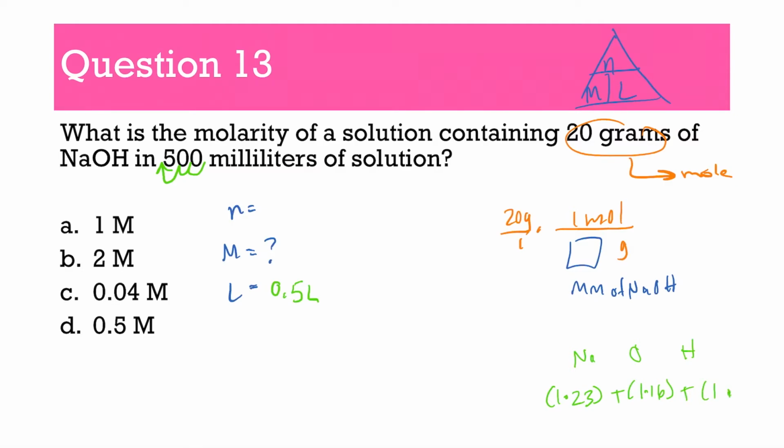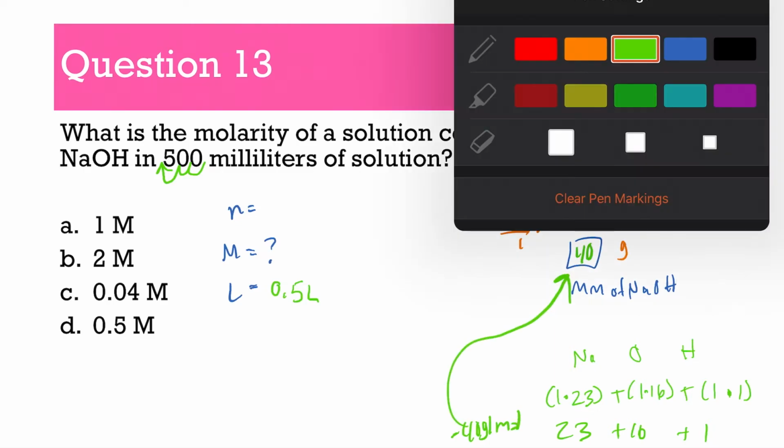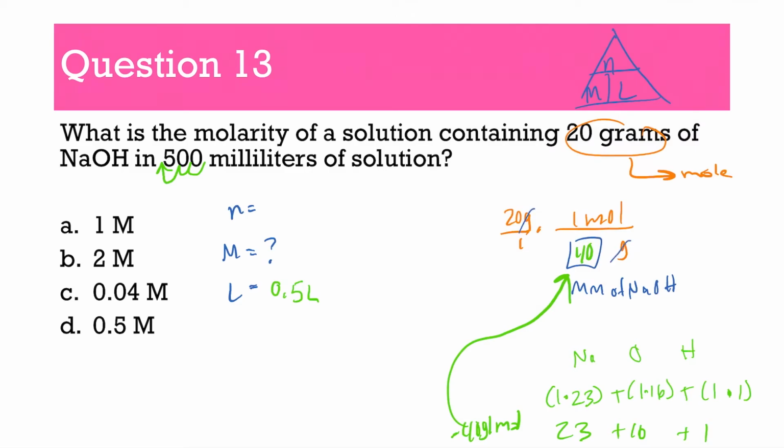One oxygen, the mass is 16. You have one H, the mass is 1. So 23 plus 16 plus 1 is 40 grams per mole. And so that 40 goes there. So that's where that came from. And so grams cancel out. 20 divided by 40 is 0.5 moles.